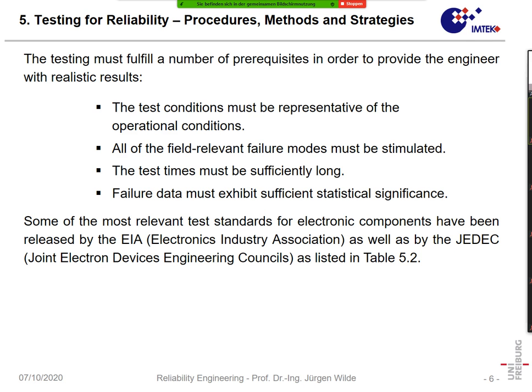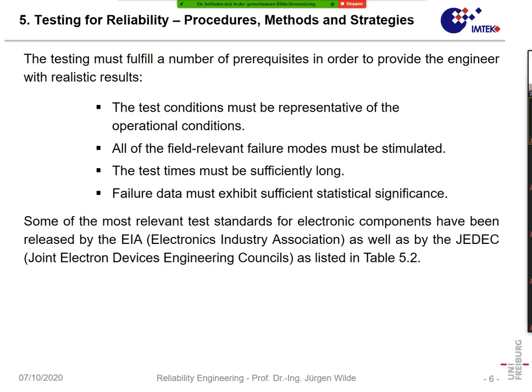Okay, generally, when test conditions are selected, it is clear that these test conditions must be representative of the operational conditions. And all of the field relevant failure modes must be stimulated.